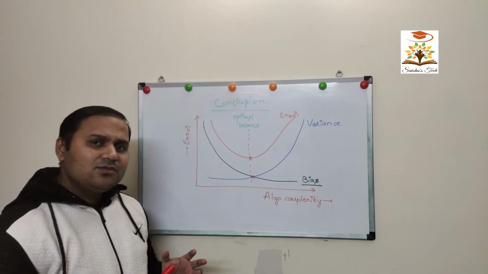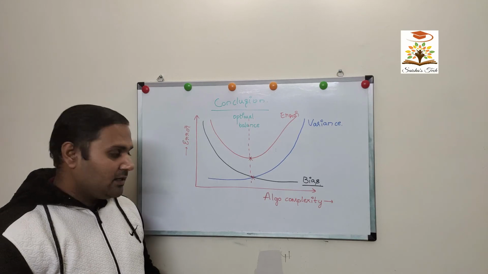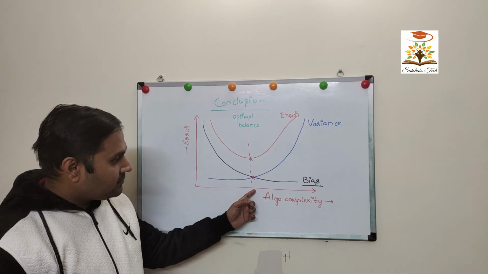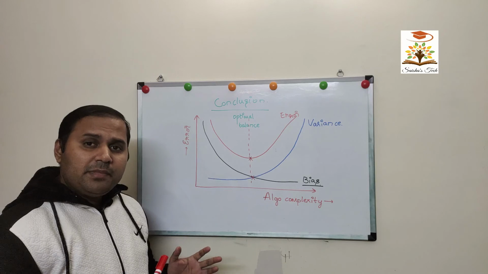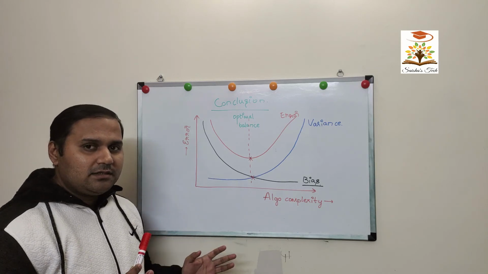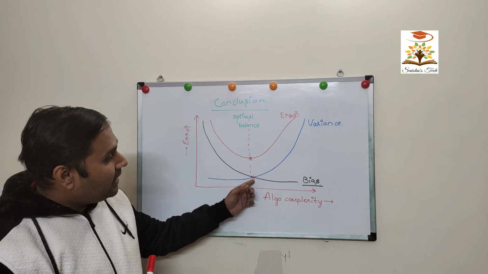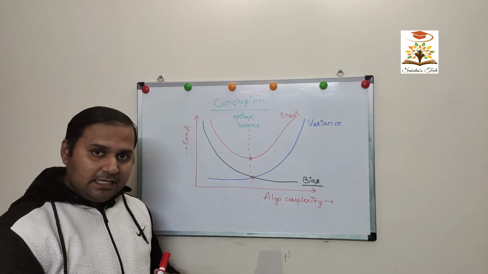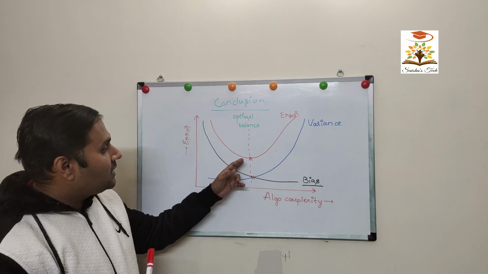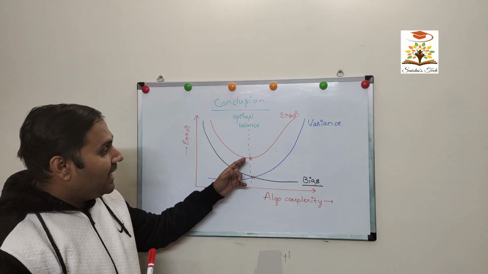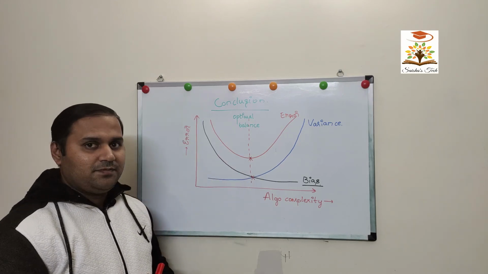But there is one situation where the algorithm complexity is between the nonlinear and the linear, and the bias and variance are least, with the train to test error also least.